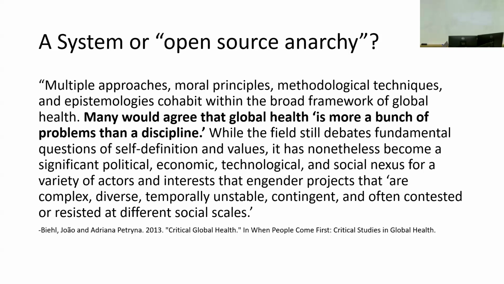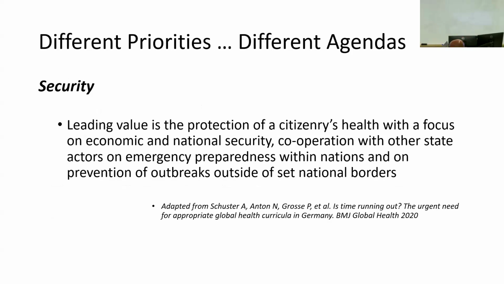"While the field still debates fundamental questions of self-definition and values, as Faisal showed you, it has nonetheless become a significant political, economic, technological, and social nexus for a wide variety of actors and interests that engender projects that are complex, diverse, temporally unstable, contingent, and often contested or resisted at different social scales." Not the rosy picture you were hoping for in taking a selective on global health, but accurate.